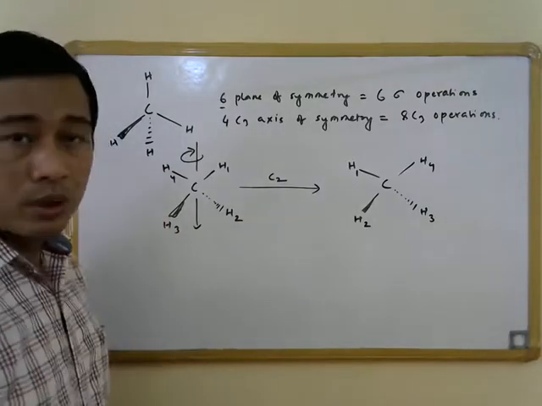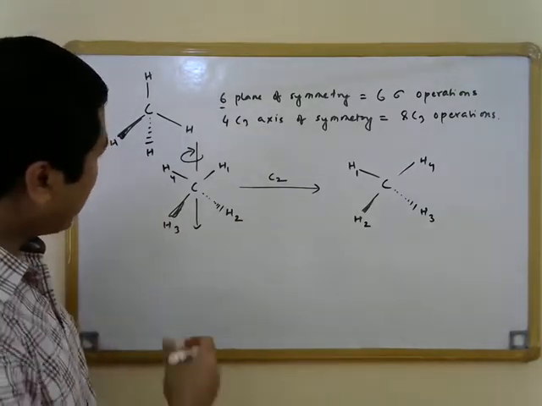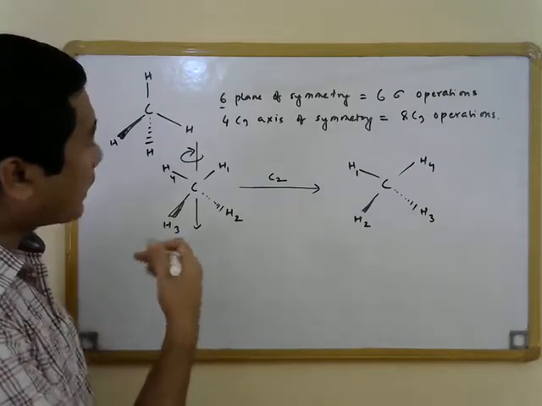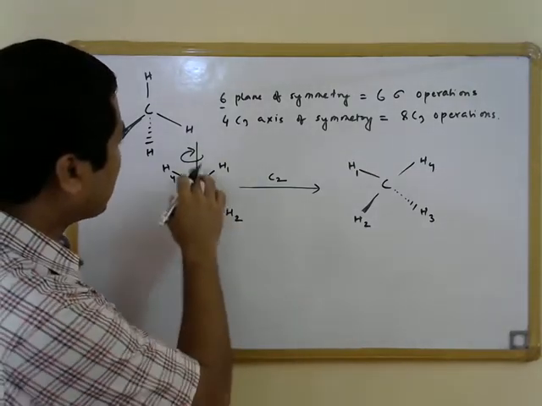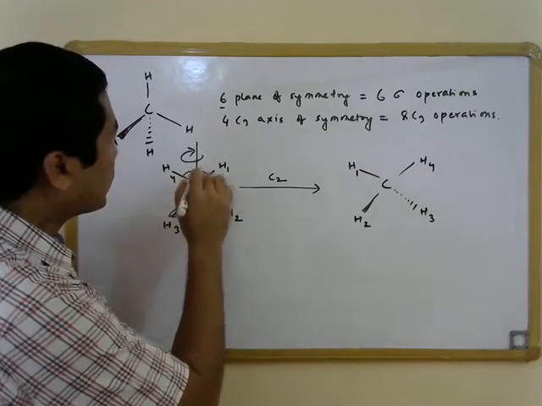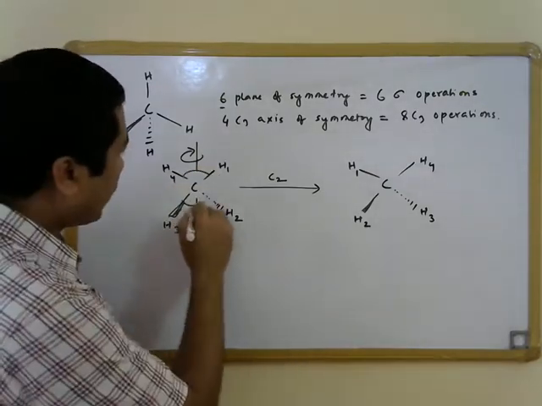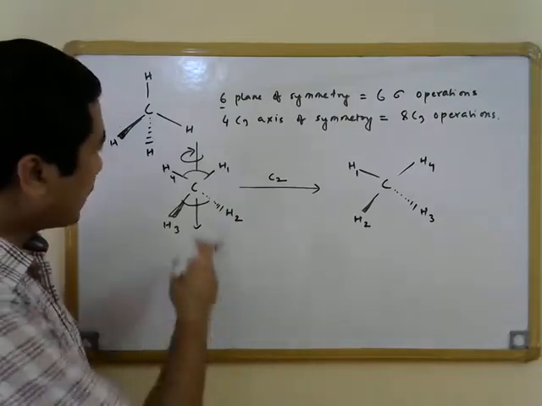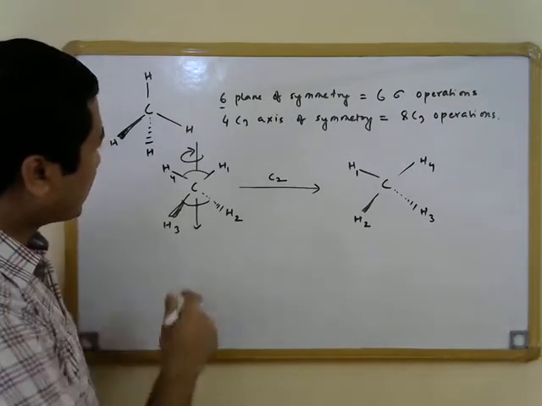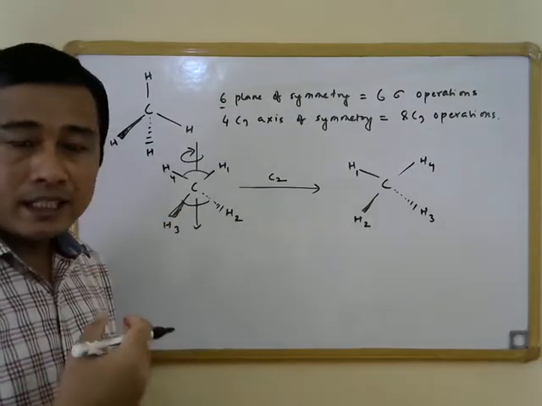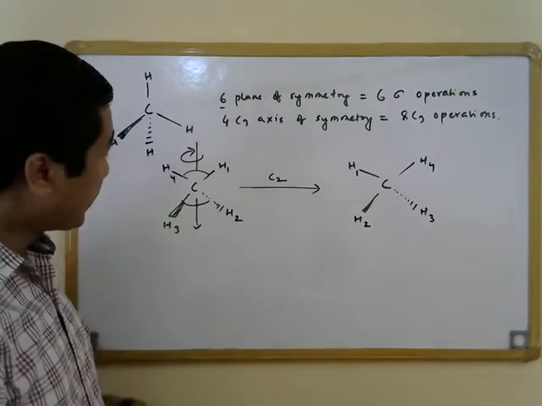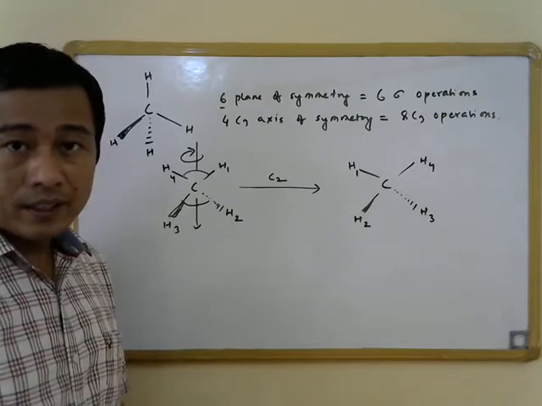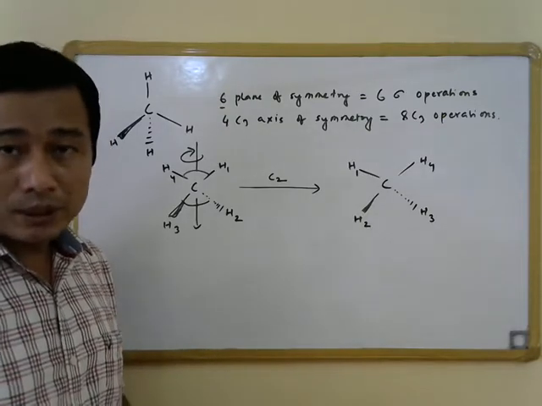This lets us think that there may be other C2 axes of symmetry as well, because this C2 axis bisects the angle between two sets of hydrogen atoms, and so we should check whether C2 axes pass through the points bisecting the angles between the other sets of hydrogen atoms.